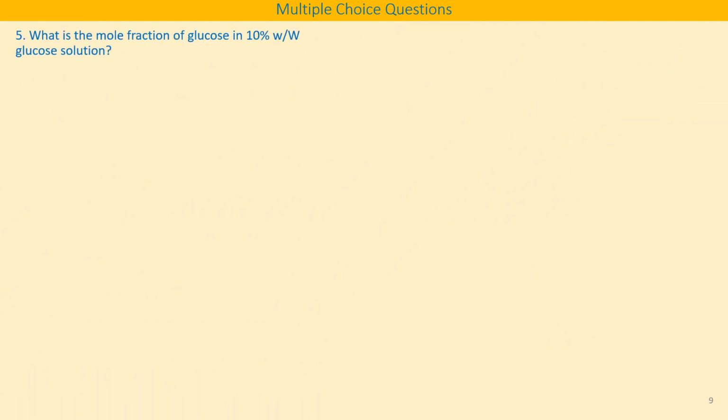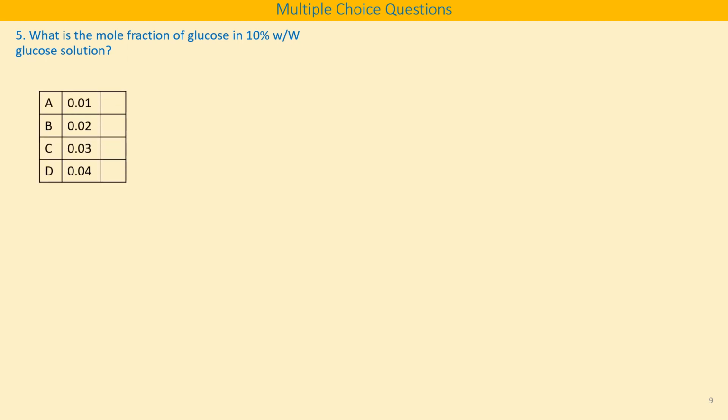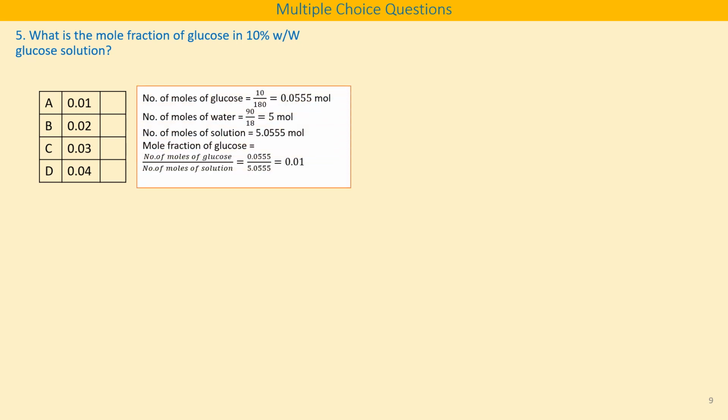Question number 5. What is the mole fraction of glucose in 10% W by W glucose solution? Four options are given. You have to analyze all of them using the calculation shown in the insert box. So number of moles of glucose is equal to 10 divided by 180.